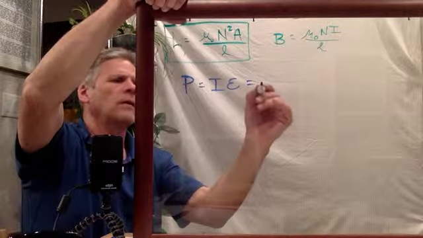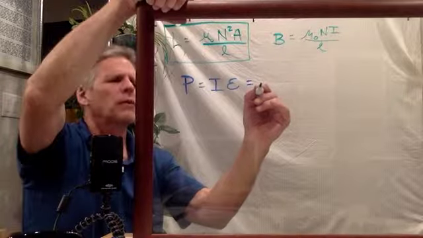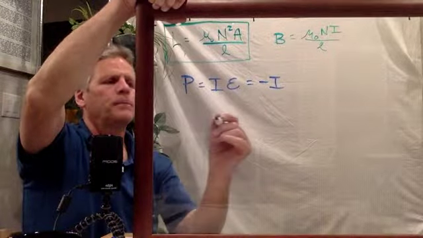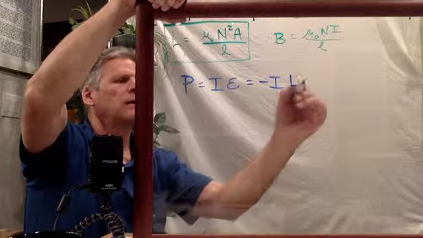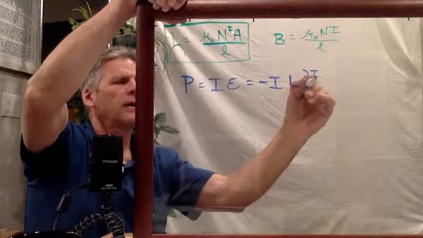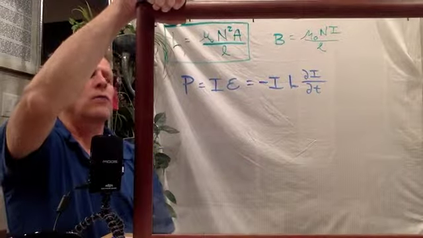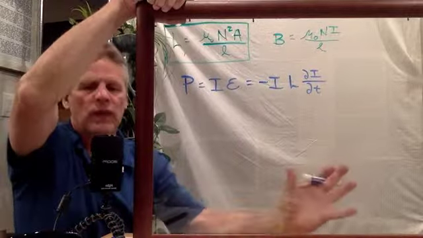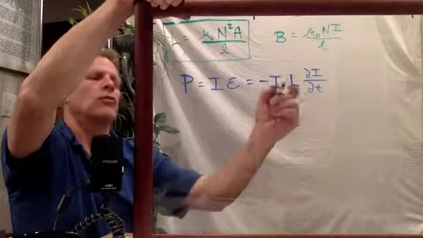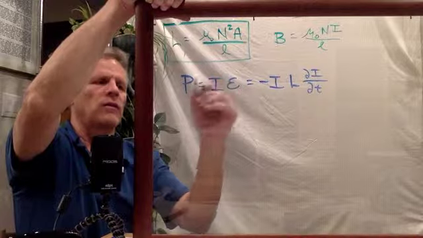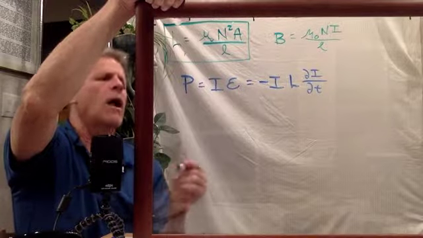I'm going to go ahead and write it like this, and put the minus sign out here for now: I, L, dI/dt. So all I did was use the expression for EMF that I just erased, which is minus L dI/dt, and put that into this expression, and now I've got the power.